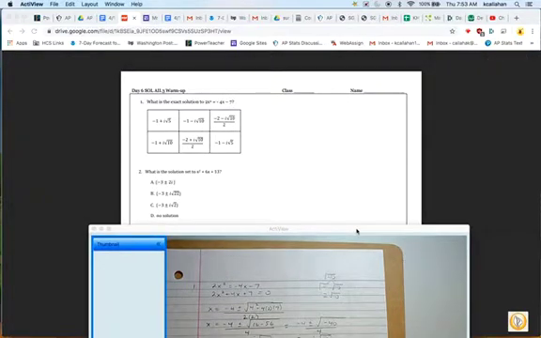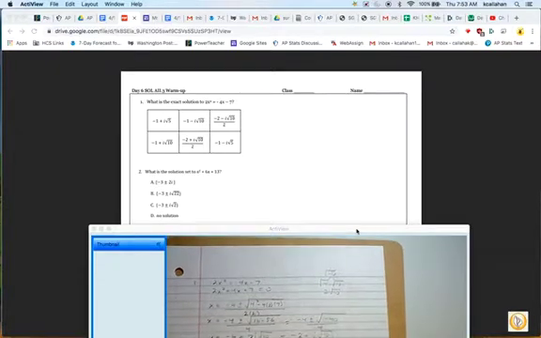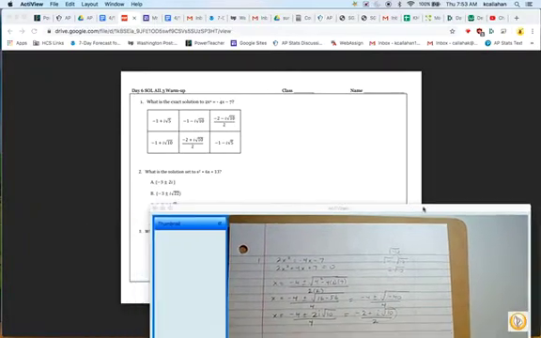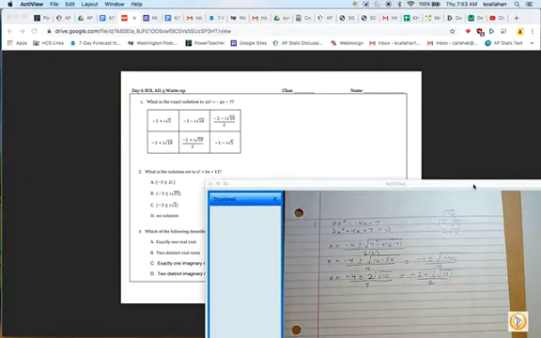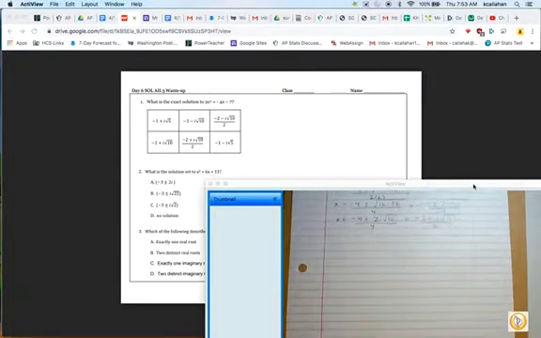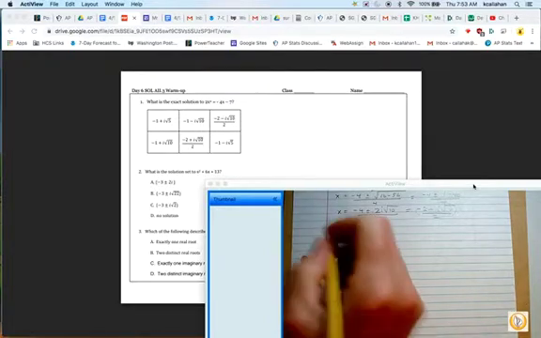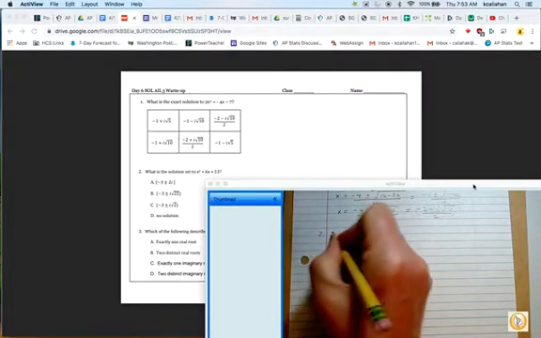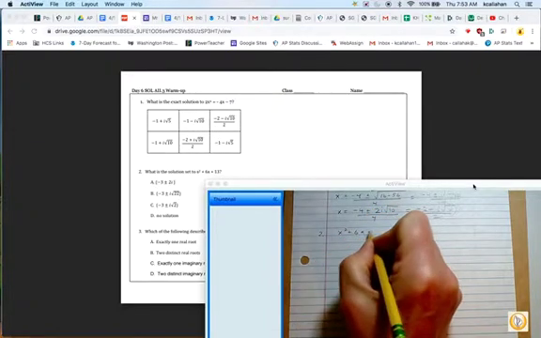2. What is the solution set to? Okay, looks like another quadratic formula. x squared plus 6x plus 13.